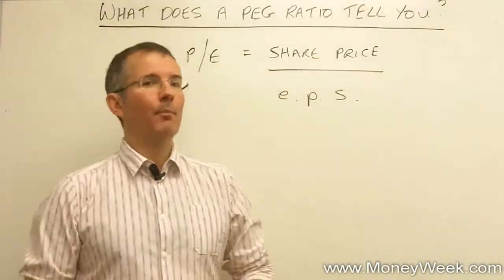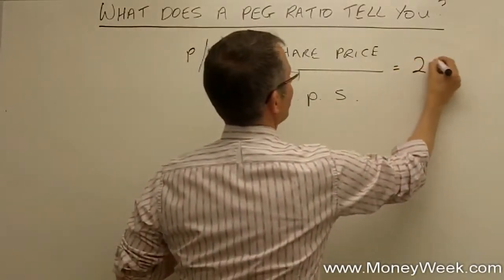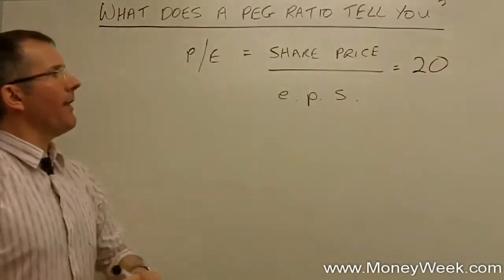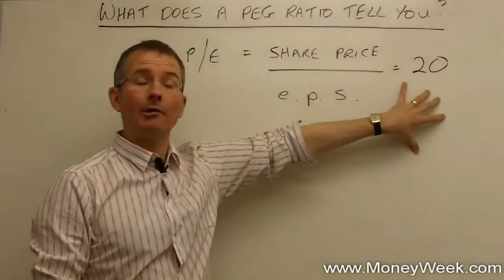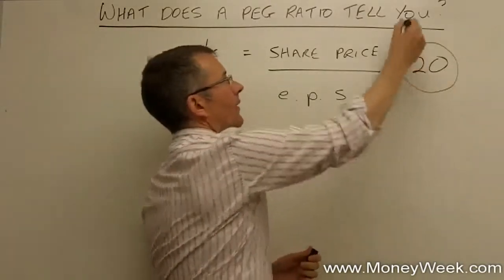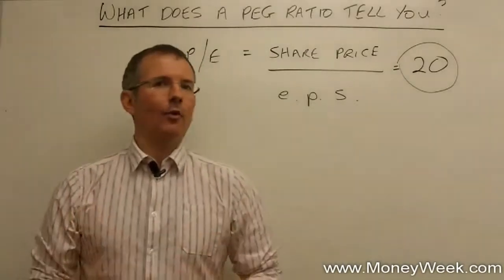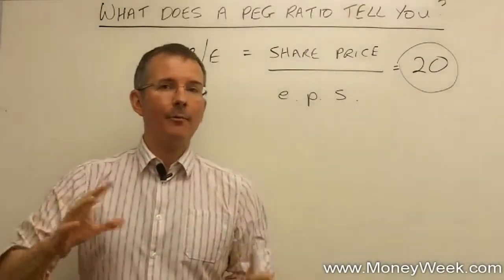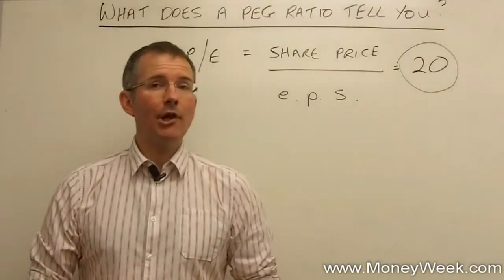So what's the problem? Why can't you just say, well, if I can calculate a PE ratio of say 20, I can then do some comparisons and work out whether that's cheap or expensive relative to other shares and so on. Well, there are problems with PE ratios. How useful is that number? Number one, it's quite difficult to use PE ratios to compare firms in different sectors. Different sectors have different PE ratios.